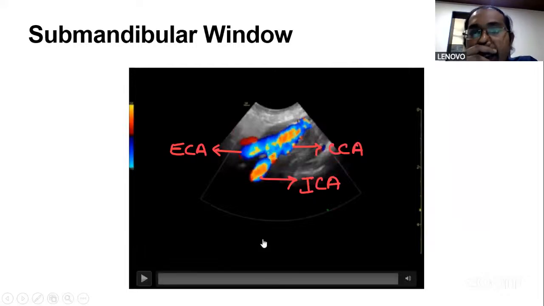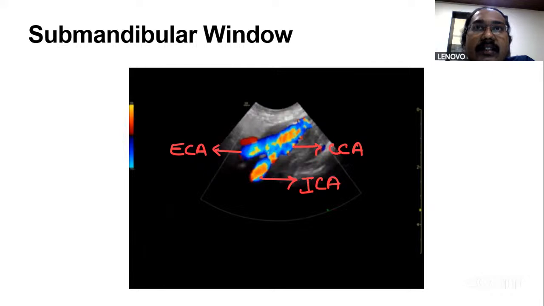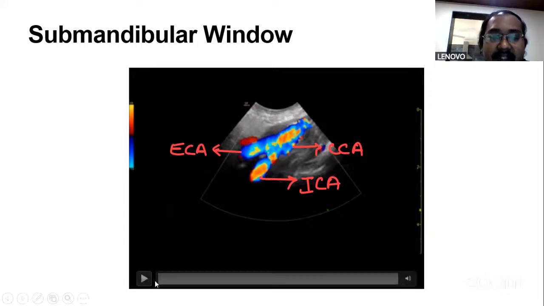Previously, in the traditional TCD, we would differentiate ECA and ICA based on the profile of the waveform. A high resistance waveform is the external carotid artery and a low resistance waveform is the internal carotid artery. Whereas here we can actually identify the vessels.